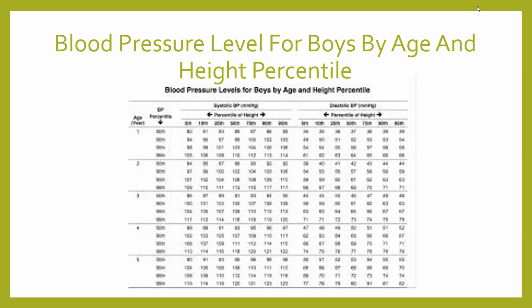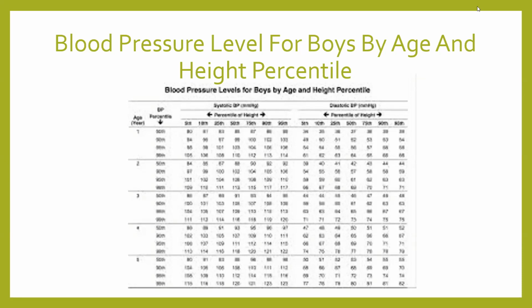Okay, so it's different for boys and also girls. It's not like a growth chart where we can see the different colors, but the chart will be full of numbers.